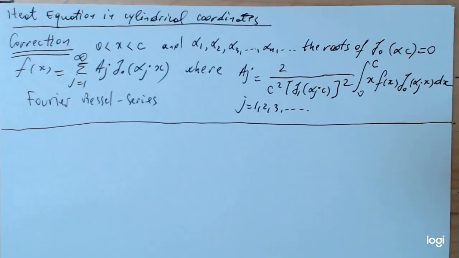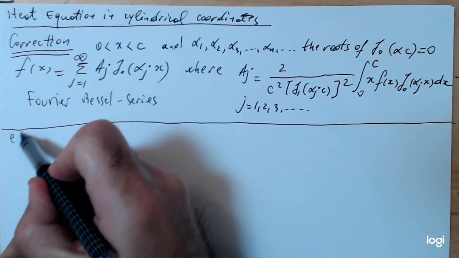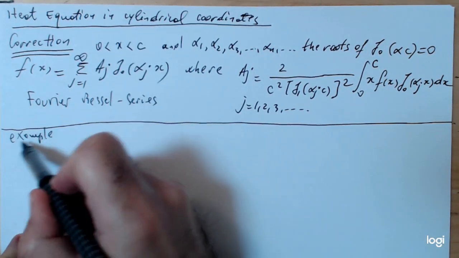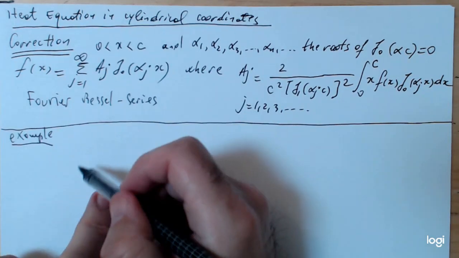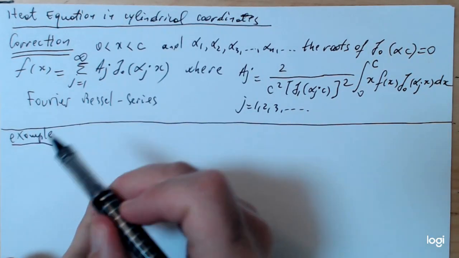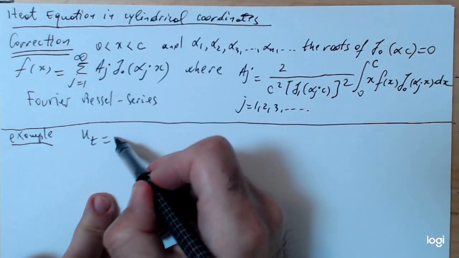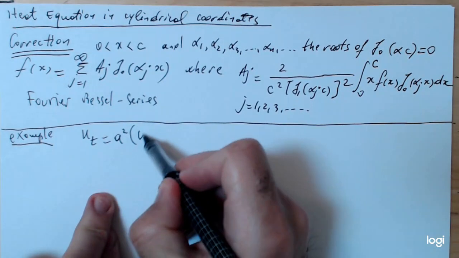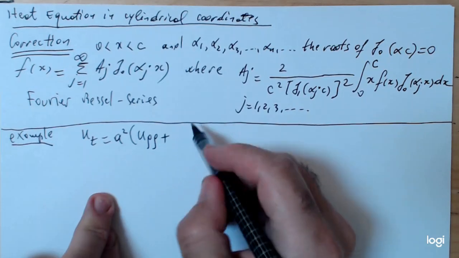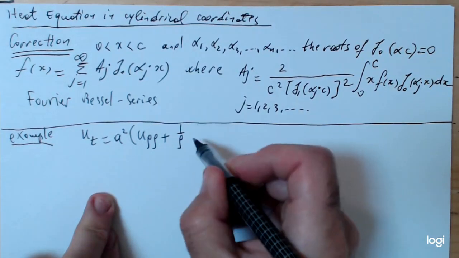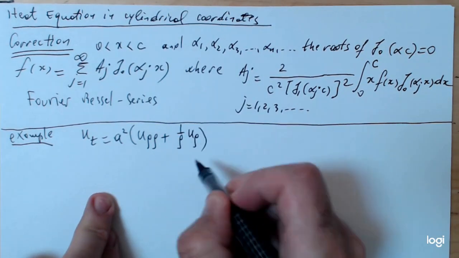All right, so let's see how this comes together when we solve the heat equation. Let's do an example. Let's say u partial t on the left is equal to a squared times the Laplacian in cylindrical coordinates, 1 over rho u rho.